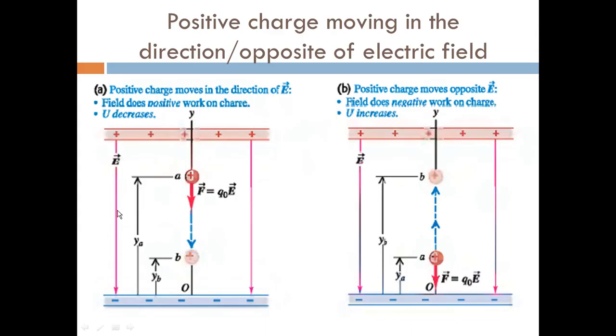Try to recall in our discussion on the electric field concept that the electric field of a positive charge is directed outward, in all directions emanating from the positive charge, and for a negative charge, the electric field is directed inwards towards the negative charge. So if you set up two parallel plates, one positive and one negative, the direction of the electric field would be towards this direction.